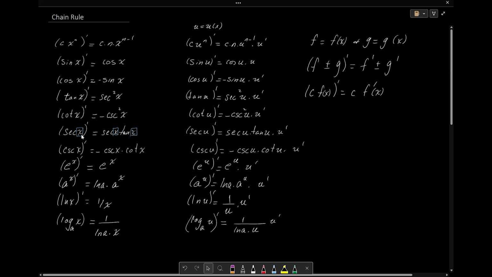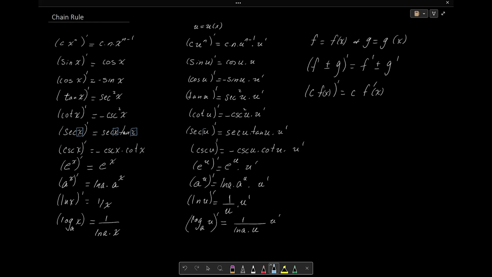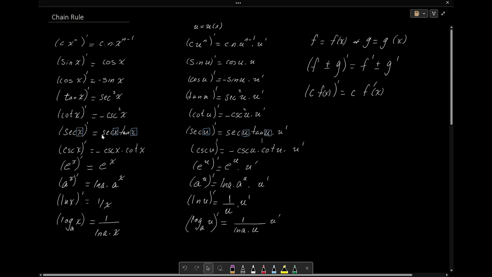Now I'm saying, okay, here I could have a function of x. In other words, u is a function of x. So what's the derivative of the secant of that function? Let's follow the box analogy. Here's a box, here's a box, and here's a box. They're basically the same. In other words, I carry the box around.